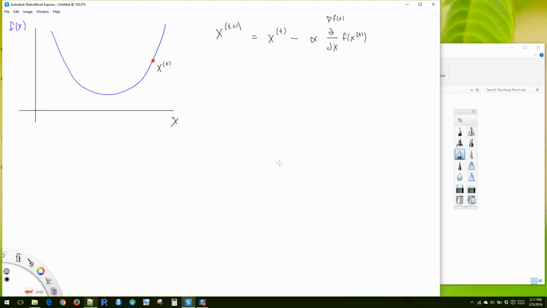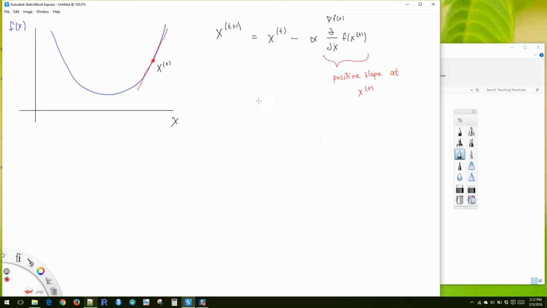Okay, so let's look at what our derivative is. We see our derivative has a positive slope, right? So this thing has a positive slope at x of t.